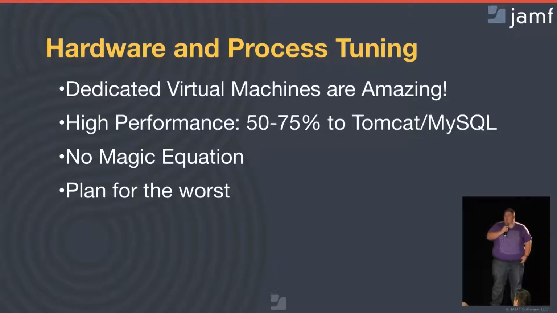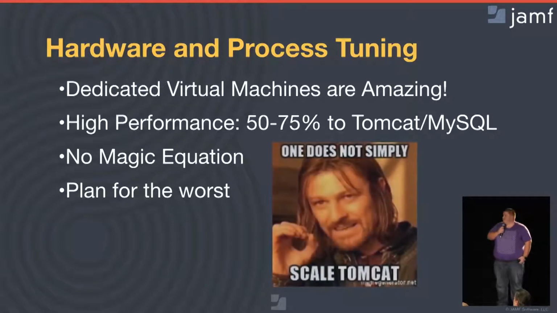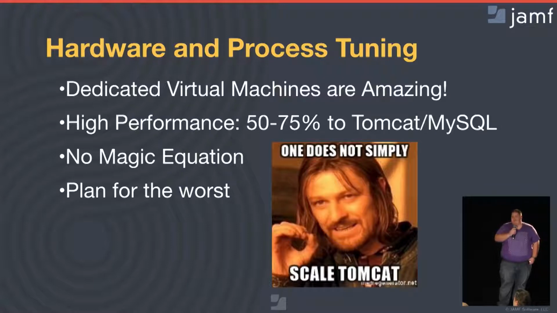We also have environments that only have 1 and 2 gigabytes. So there really is no magic equation. It's not a simple thing you can do. Always just plan for the worst and plan to overscale if you can. Resources are pretty cheap nowadays, and it's just going to make your environment that much more snappy.